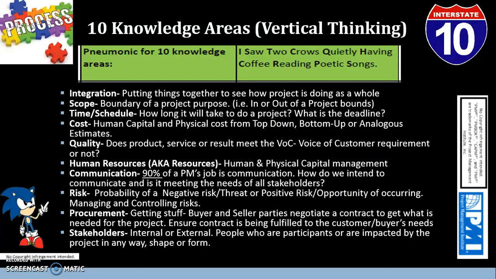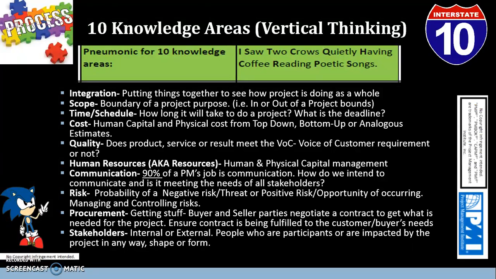Let's go over what each of the 10 knowledge areas are really about. An easy way to get these knowledge areas in your head is to understand what they really mean, and a silly mnemonic.